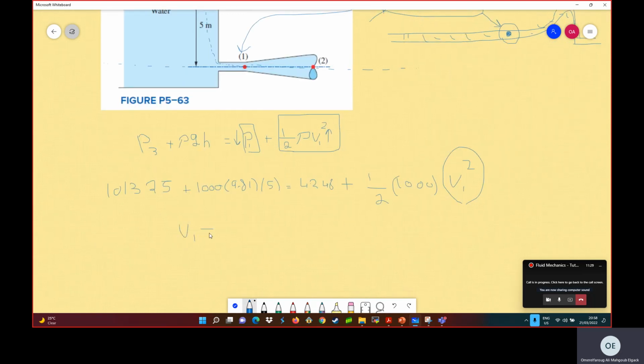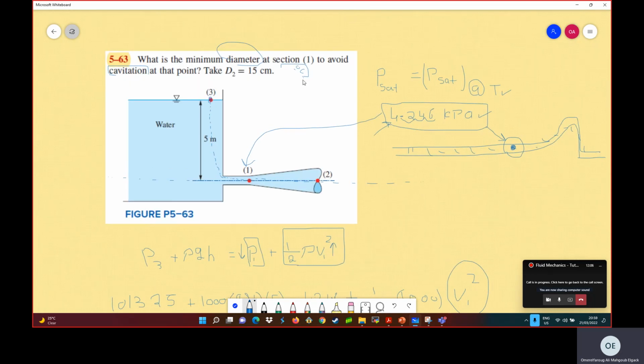V1 is equal to, just let me substitute it. Okay, V1 is equal to 17.1 meters per second.